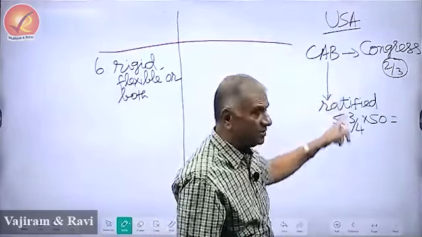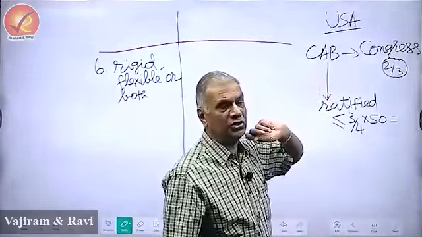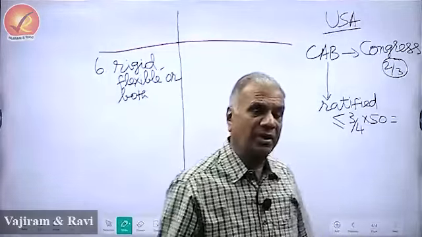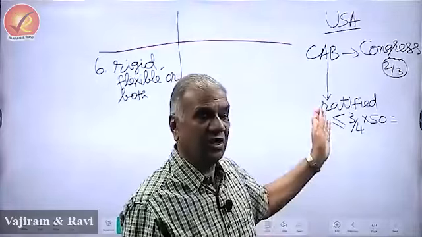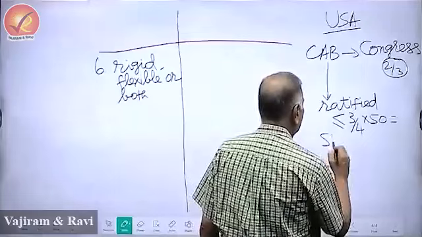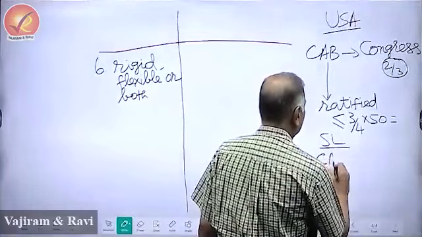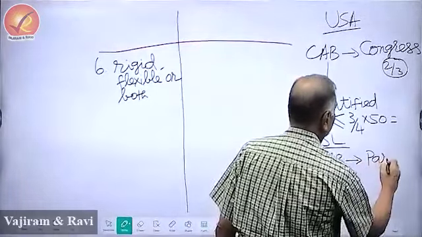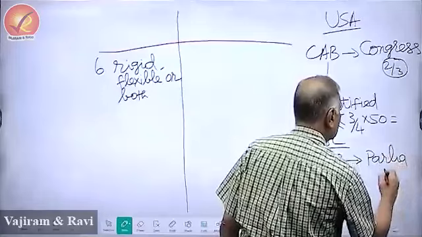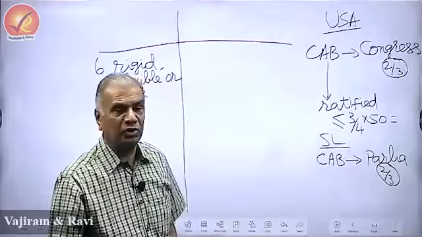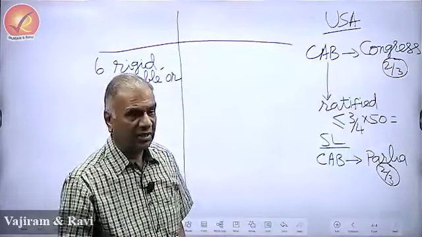It is for this reason that the US Constitution is called rigid, not because it is amended by a special majority of 2/3. Whereas in Sri Lanka, what happens? A constitutional amendment bill is passed by the Parliament, of course with 2/3 majority.